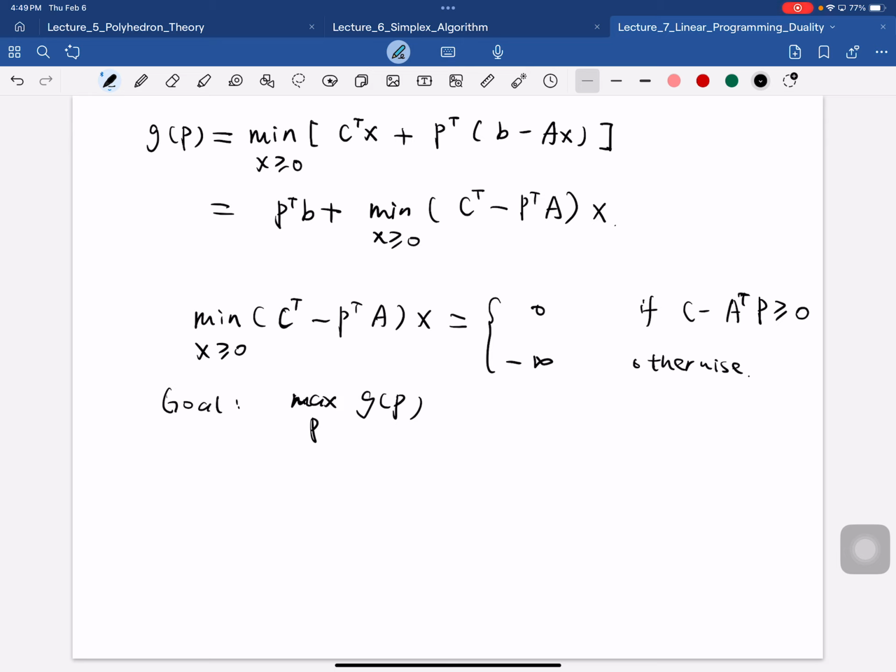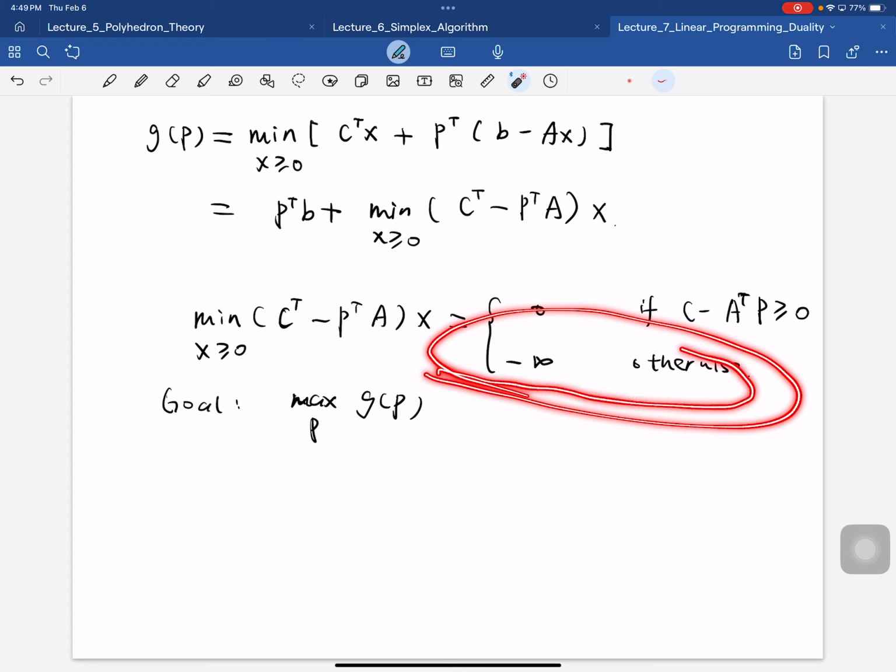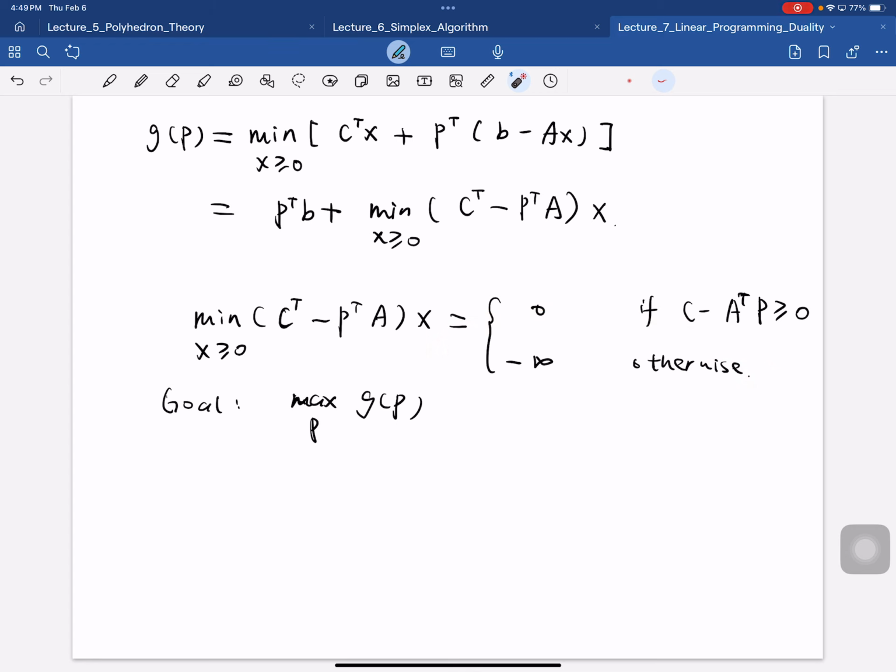Since you are striving for the tightest lower bound, I would argue that you could ignore this case. It is uninteresting to you, because if it falls into this case, G(p) will go to minus infinity, and you don't want to provide a lower bound that is minus infinity.